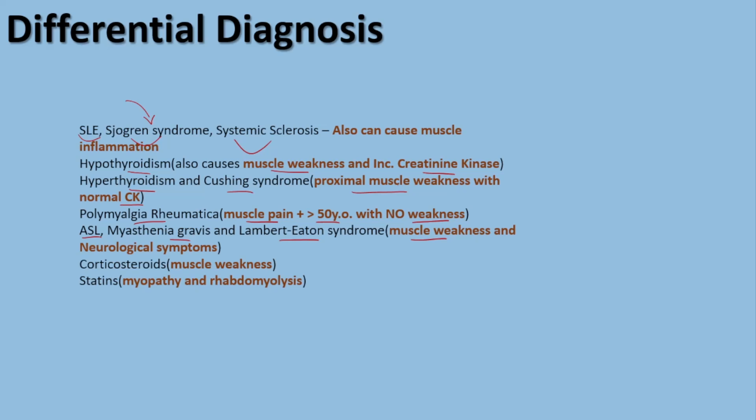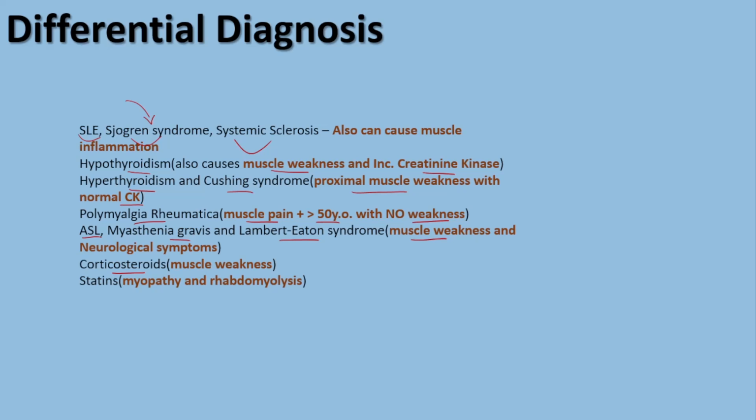So another differential is when a patient is administered long-term corticosteroids, because corticosteroids can also cause muscle weakness. But here again, we usually have normal creatine kinase. Corticosteroids in the long term can cause diabetes mellitus, and can also cause Cushing syndrome.